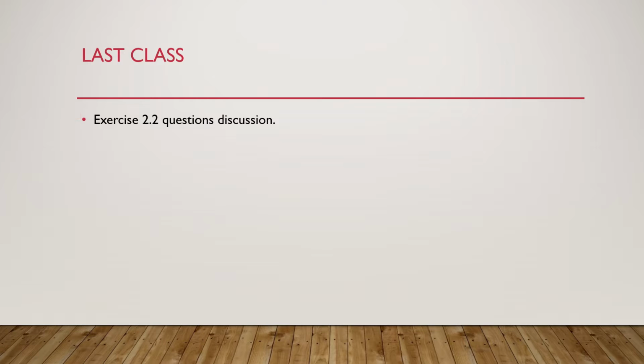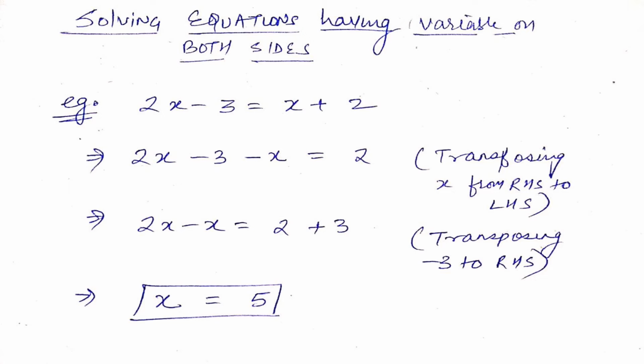Okay. Now, today's topic is quite easy. It is solving equations having variable on both sides. In the first two lectures, we have seen equations. We have solved many equations and we have noticed in those questions that variable, whether x, y or any variable, all the variables were on one side only, either on left side or on right side.